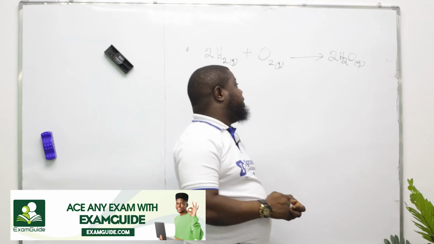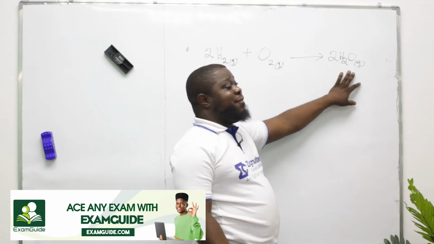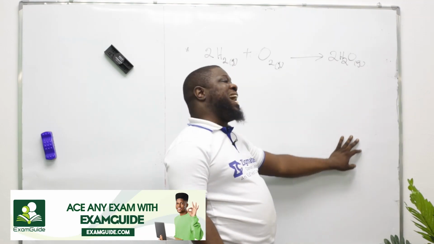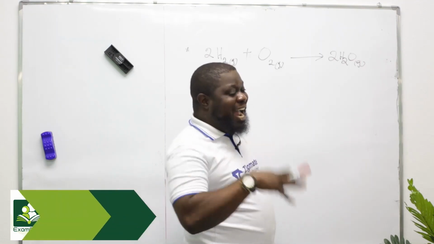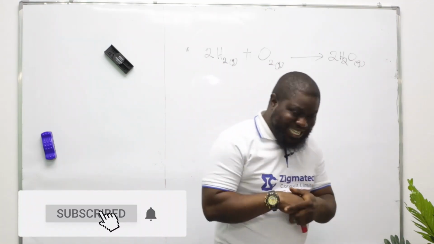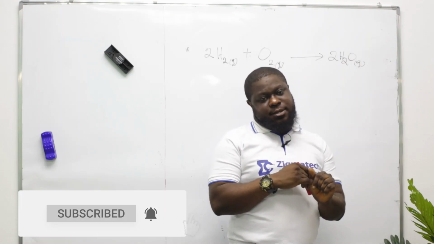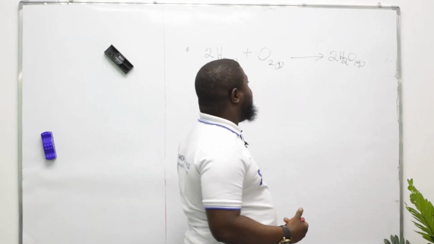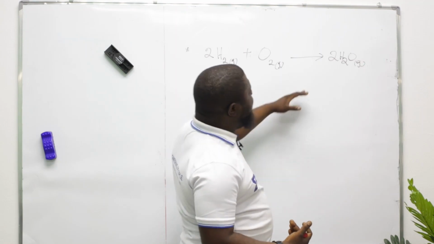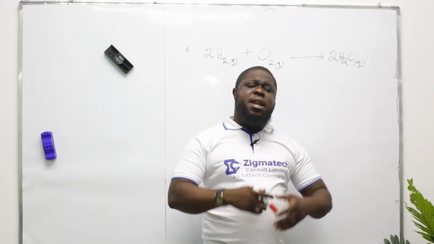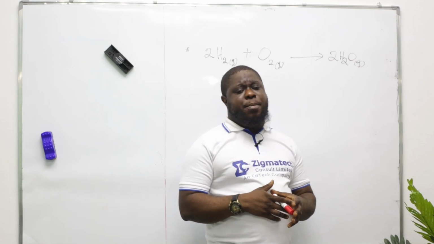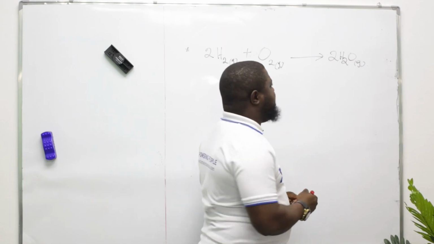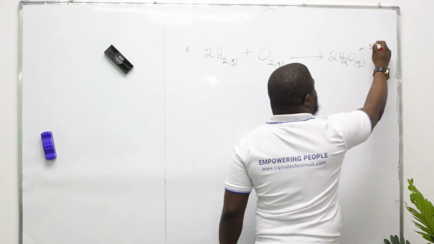I know you're confused that you saw the formula for water. I told you water can still be called dihydrogen oxide. Di means 2. But in this context, you have 2 molecules of water, and any molecule is not an atom again. So in essence, this becomes steam. This is the formula for steam.